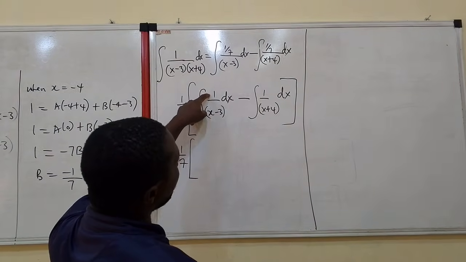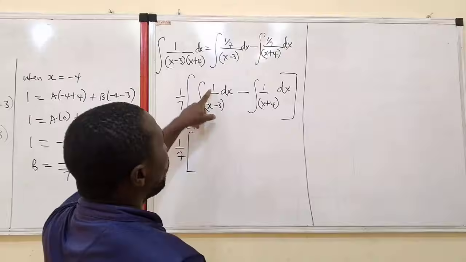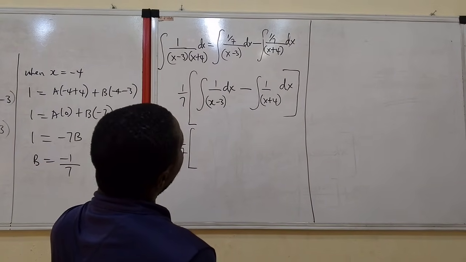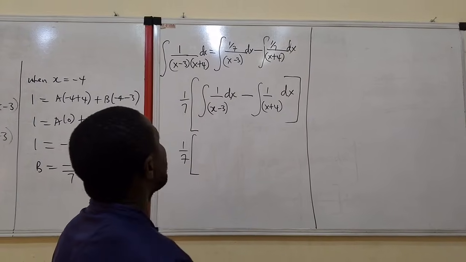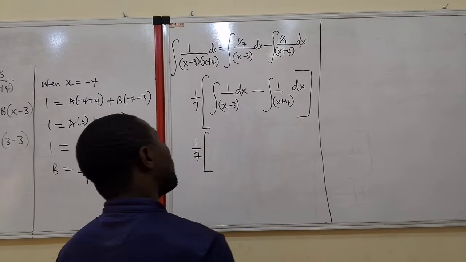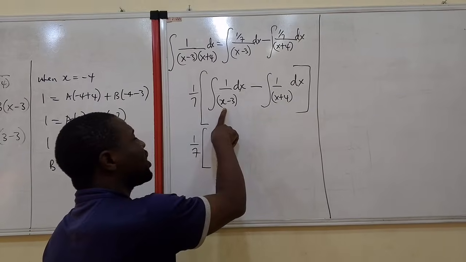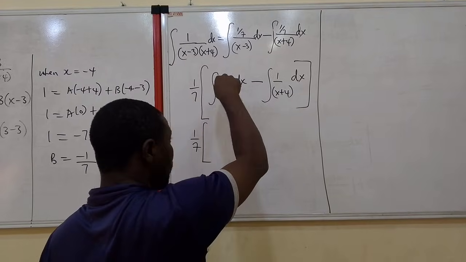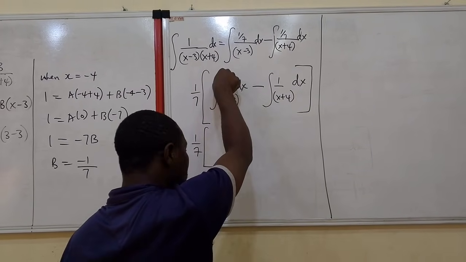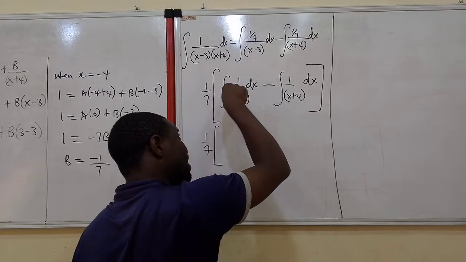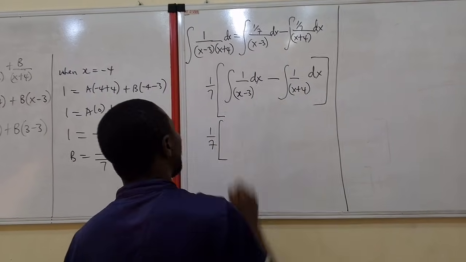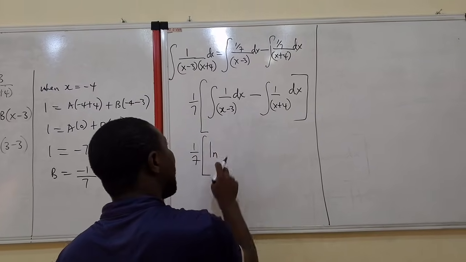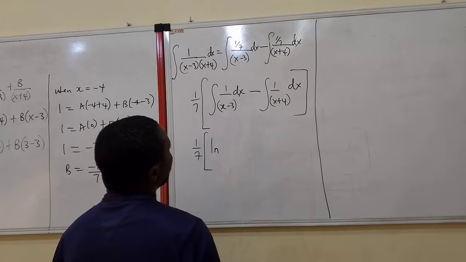Since we get the numerator 1, we apply a simple law in integration that says if you differentiate the denominator and you get the numerator, then your result is going to be the natural log of the denominator.